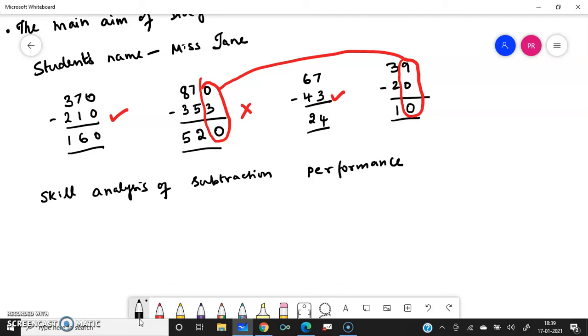So you have conducted a test to assess the subtraction skill. After this assessment, you have to find out how many students have not acquired the skill. Here subtraction is a skill, no? How many students have not understood, not acquired this subtraction skill? That is what your aim is.